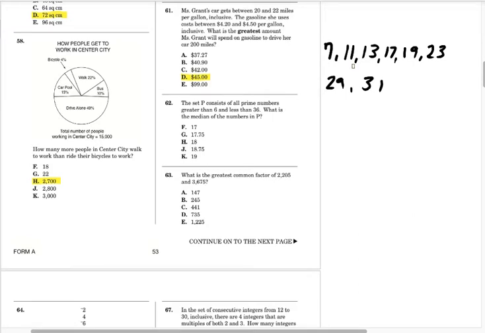And which ones are in the middle here? 17 and 19. So what number is between 17 and 19? That would be 18, because the median is the average of the two numbers in the middle.